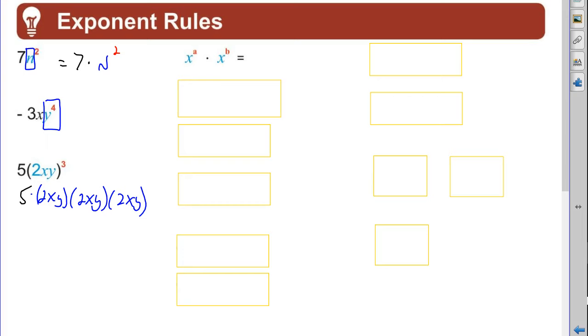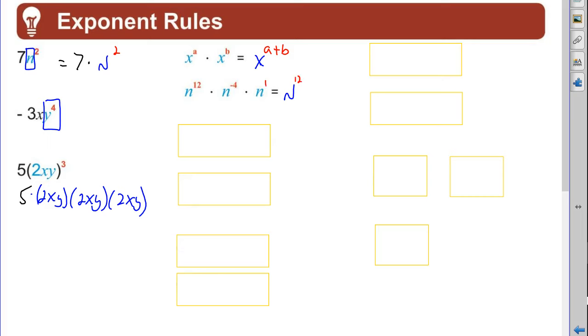Okay, everybody should know the rule when multiplying like bases, and you should be thinking, hey, when I multiply like bases, I add the exponents. X to the a times x to the b equals x to the a plus b. I add the exponents. So if you look at this one, my base is n. I have a like base. I've got to add these exponents.